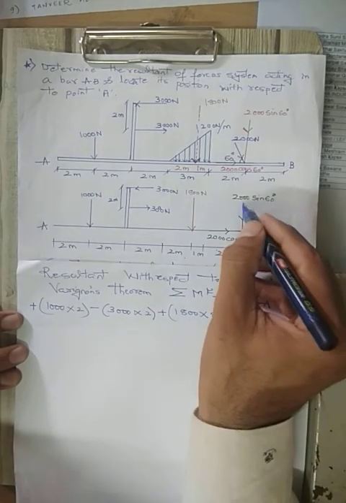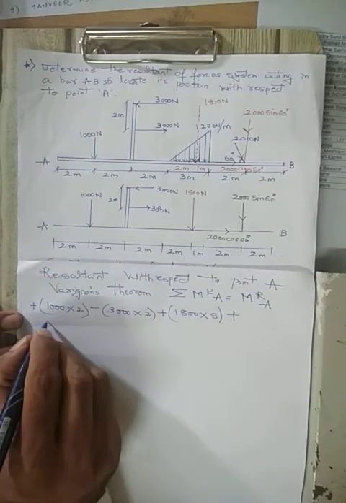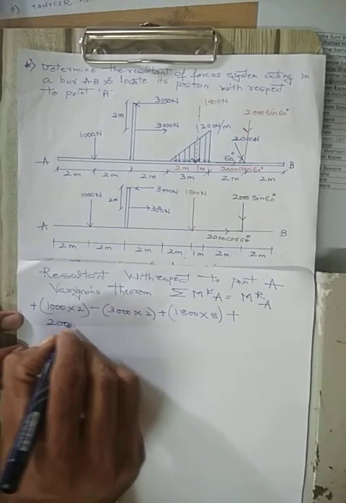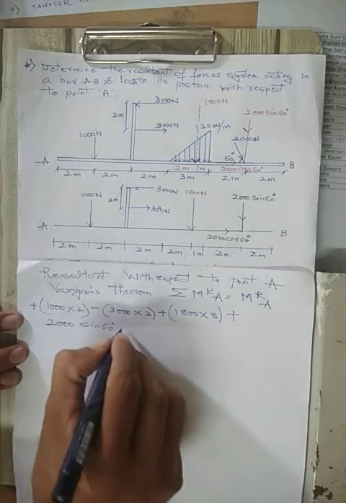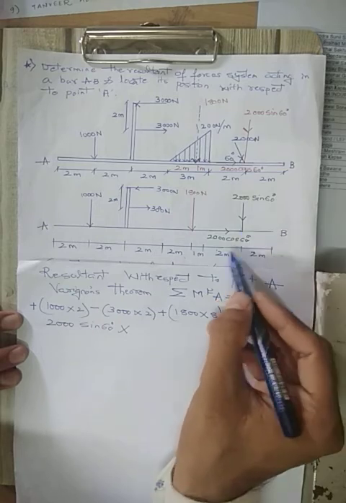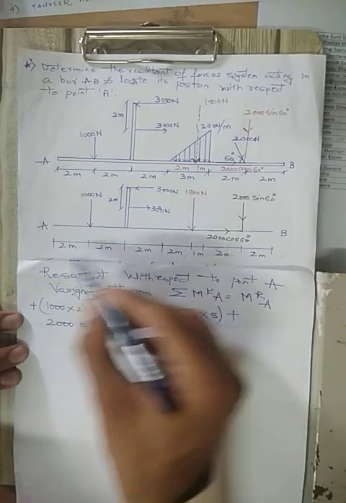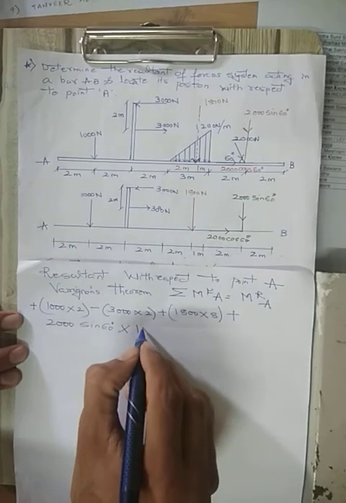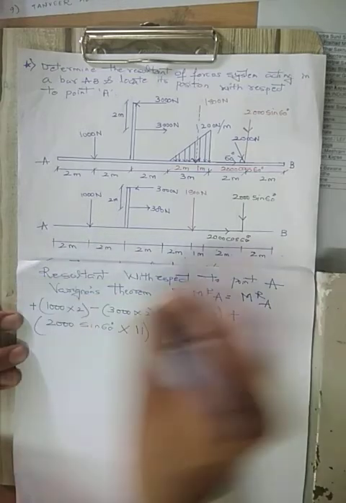Then 2000 again it is clockwise, plus 2000 sine of 60 degrees, and its distance is 2 meters plus 1 meter, 3, 4, 5, 6, 7, 8, 9, 10, 11, total distance is 11 meters, and it is clockwise.